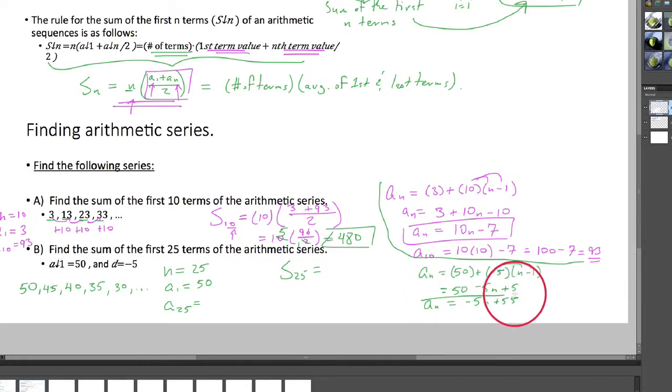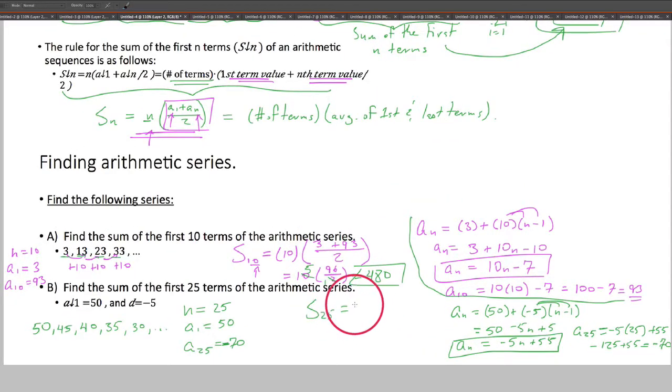So using our rule now, we can say, what is the value of our 25th term? A25 would be equal to negative 5 times 25 plus 55, which really is negative 125 plus 55. And I get from this, I suppose, negative 70. And so this has a value of negative 70, put that there.